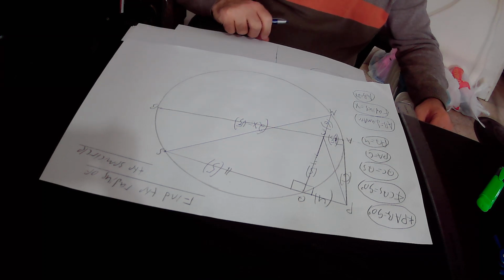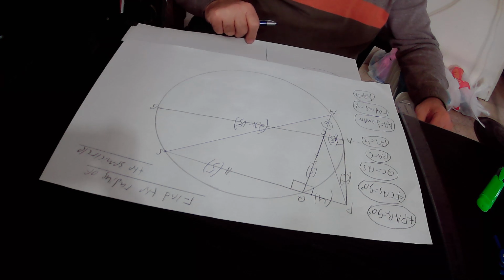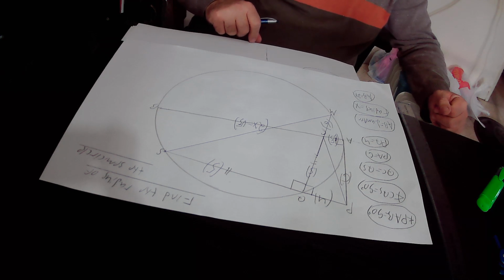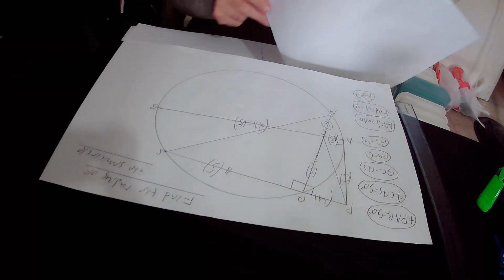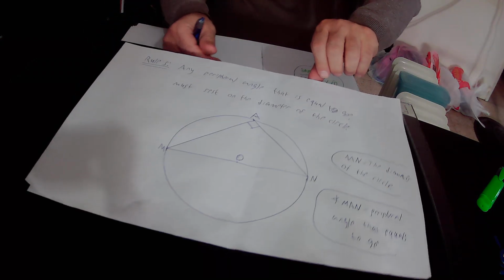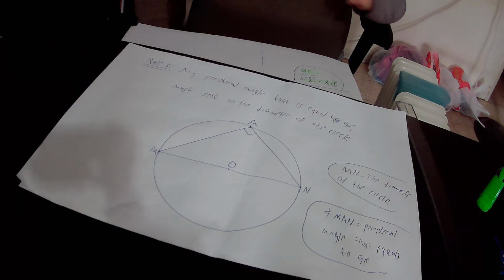And we have rule number 5 that relates to any peripheral angle that is equal to 90 degrees. According to rule number 5, any peripheral angle that is equal to 90 degrees must rest on the diameter of the circle.